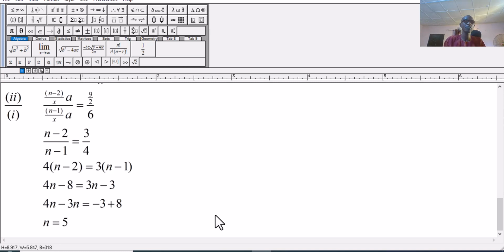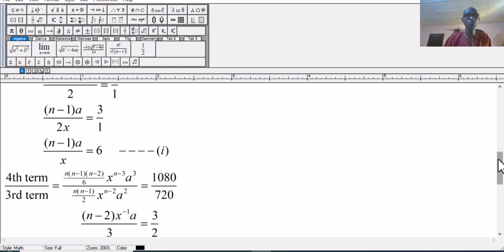So we need to get the value for our a and x. Okay, now we need to find the value for our a and x. So we can go back to the original, looking for a way of finding our a and x. So we can use this equation 1 to find the value for our a and x. So let's try that.